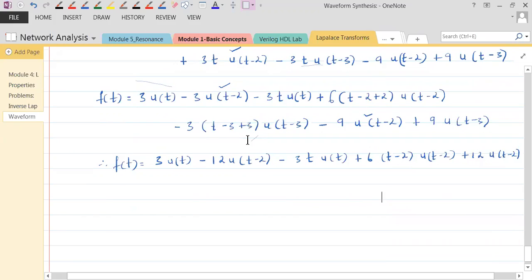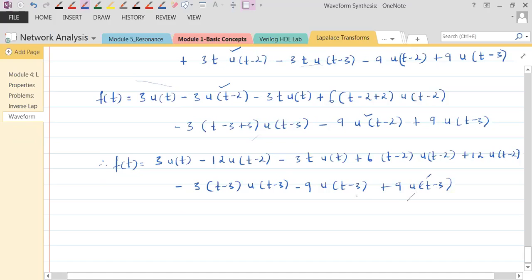Similarly, can you take care of this? How to write this term? Minus 3 t minus 3 into u of t minus 3. Okay, then minus 9 into u of t minus 3. Okay, then you have plus 9 into u of t minus 3 here.